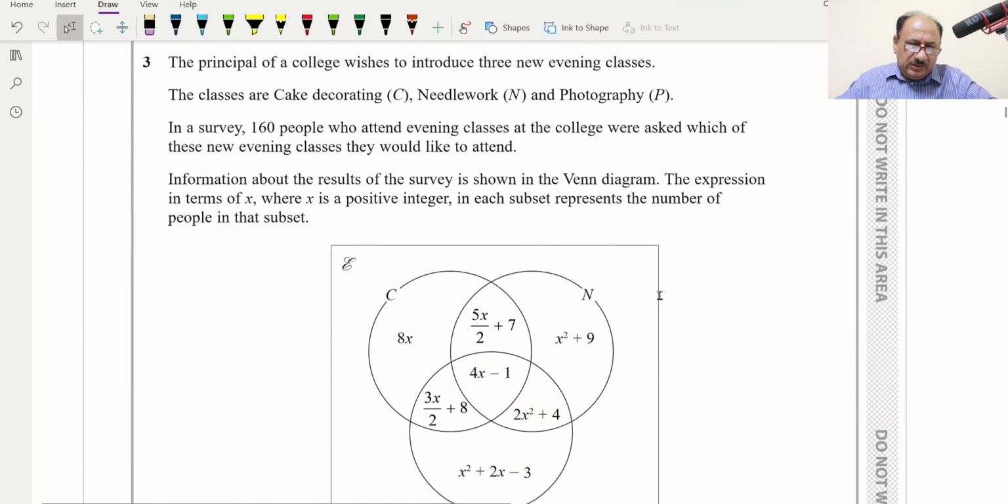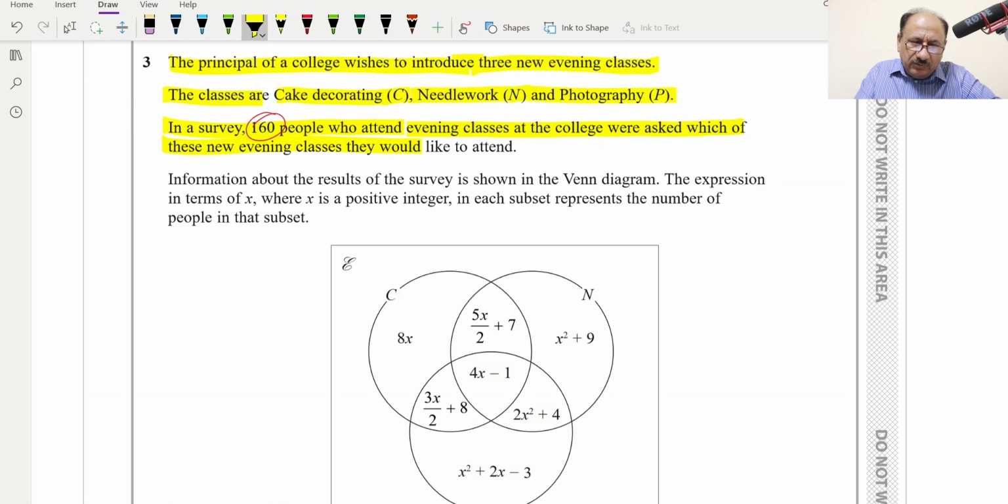Question number 3 is a Venn diagram question, and it says the principal of a college wishes to introduce 3 new evening classes: cake decorating C, needlework N and photography P. In a survey, 160 is the total number. 160 people who attend evening classes at the college were asked which of these new evening classes they would like to attend.